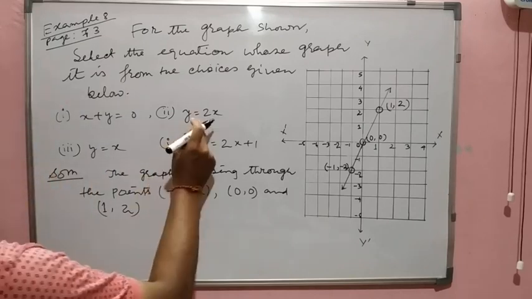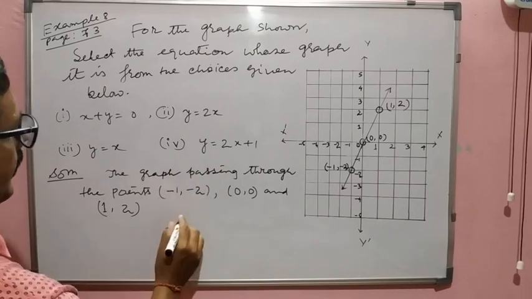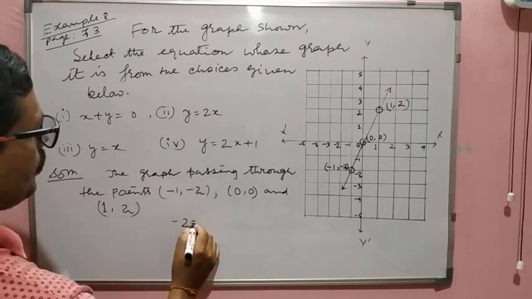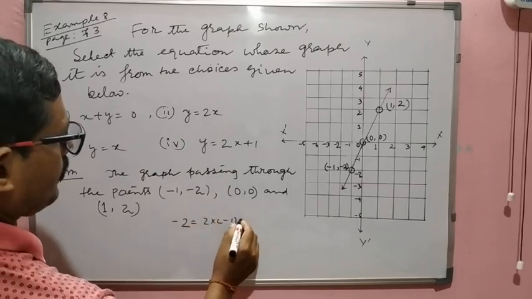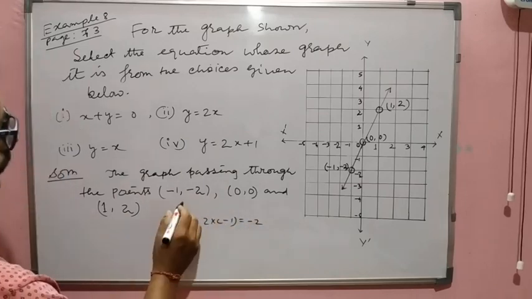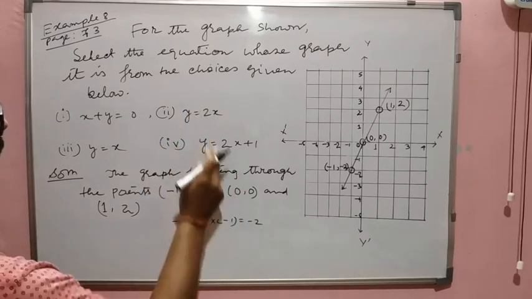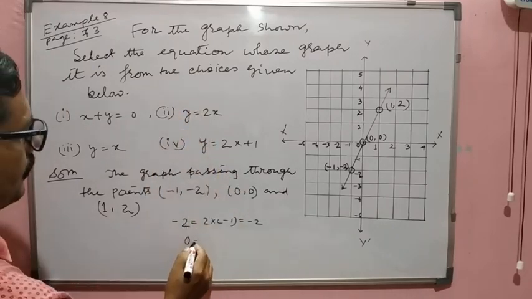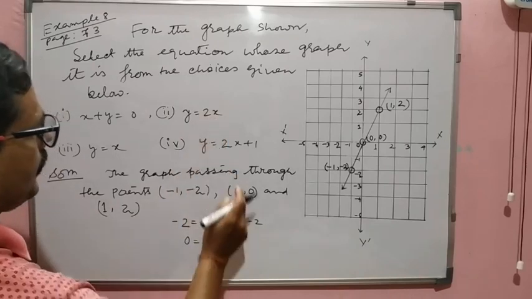Now let us try this one. y equal to 2x. y is minus 2 here, and 2x is 2 into minus 1, so definitely it will be minus 2. By this point, this is satisfied. Again, let us see by this point. y equal to 0 and 2 into x, so 2 into 0 equal to 0. Yes, this is satisfied.